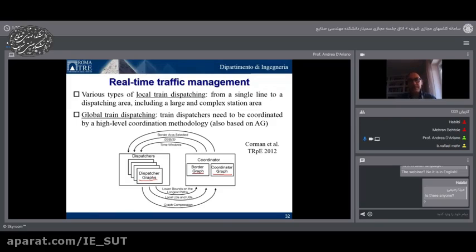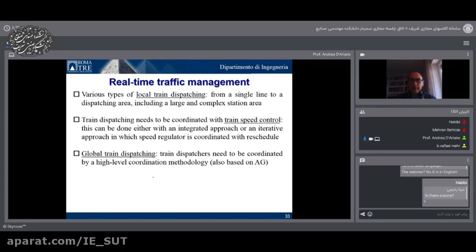The global train dispatching was something that I did in collaboration with Professor Common during his PhD thesis. Then we were talking about local train dispatching, train speed control, and global train dispatching.